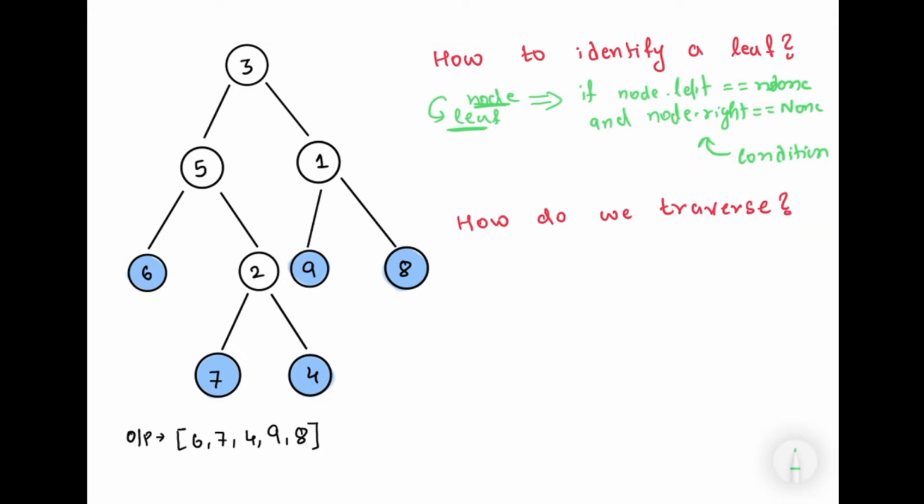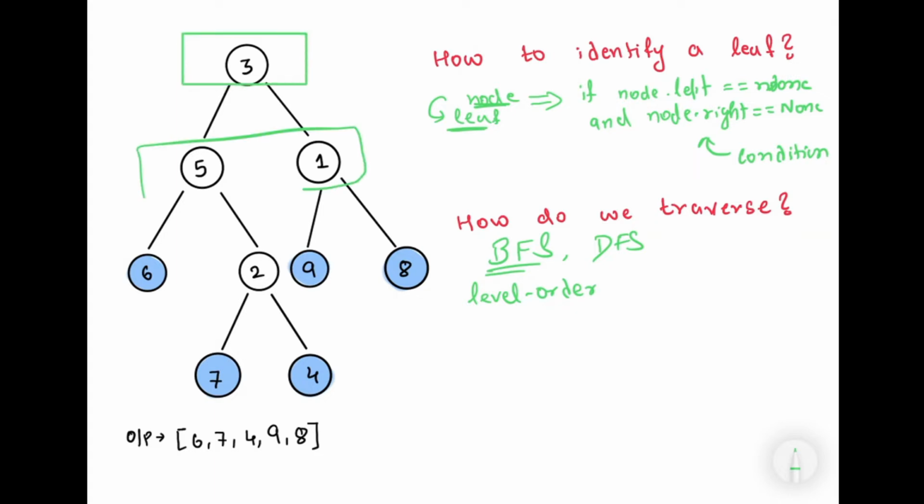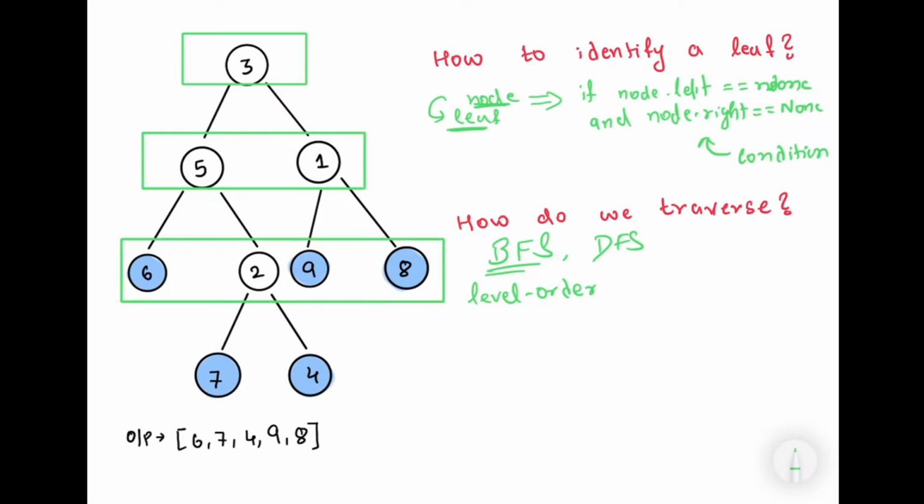And now how do we traverse? On a broader perspective, we just have two options, which are breadth first search and depth first search. Breadth first search is also called level order. We will traverse level by level, so something like this. If we are doing breadth first search, our output will be in this level right here.